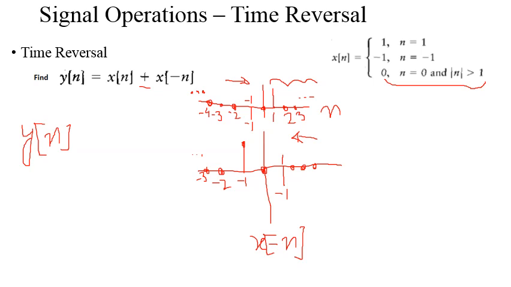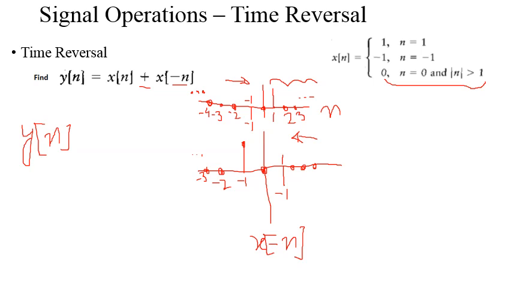You have studied that the different operations we can perform on the dependent variable are the summation or subtraction of the signal, multiplication of the signal, integration, differentiation, and so on, right? Whereas this operation, which is reflection, is an operation on the independent variable, right?